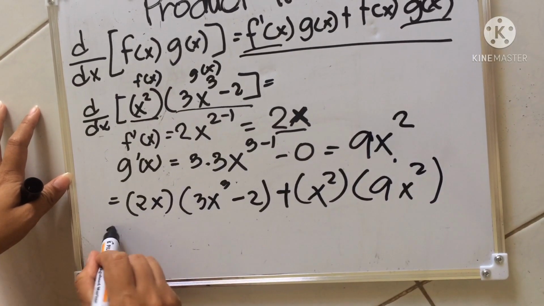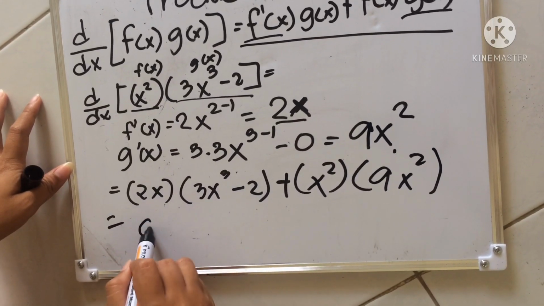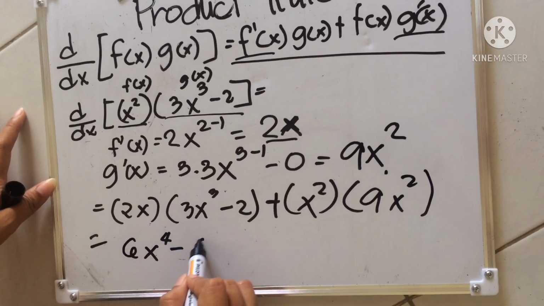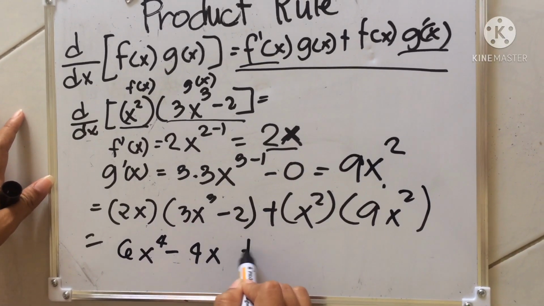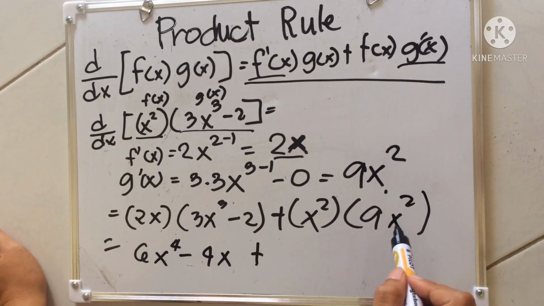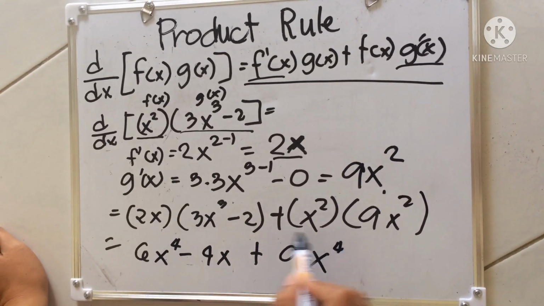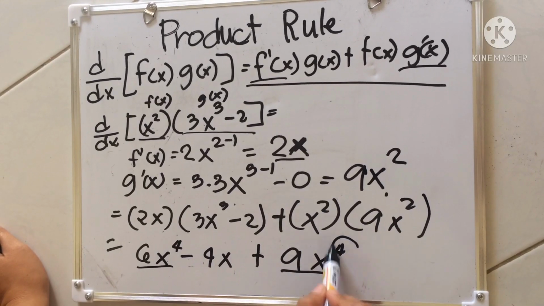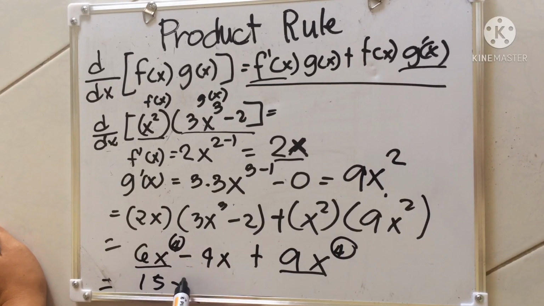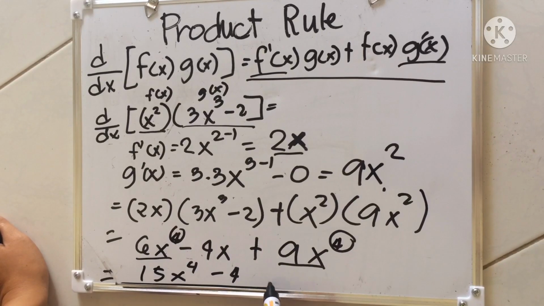And then 2x times 3x cubed is equal to 6x to the power of 4 minus 4x, plus x squared times 9x squared is equal to 9x to the power of 4. The same power, so add, it is equal to 15x to the power of 4 minus 4x. So this is the answer.